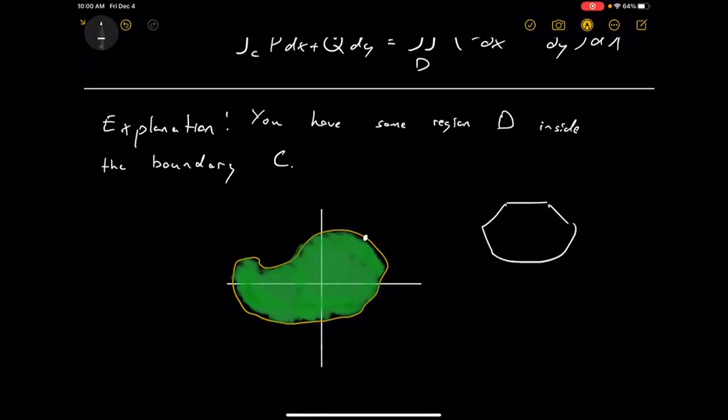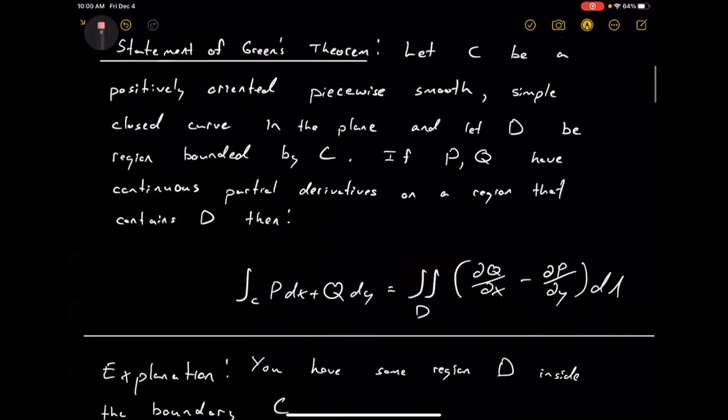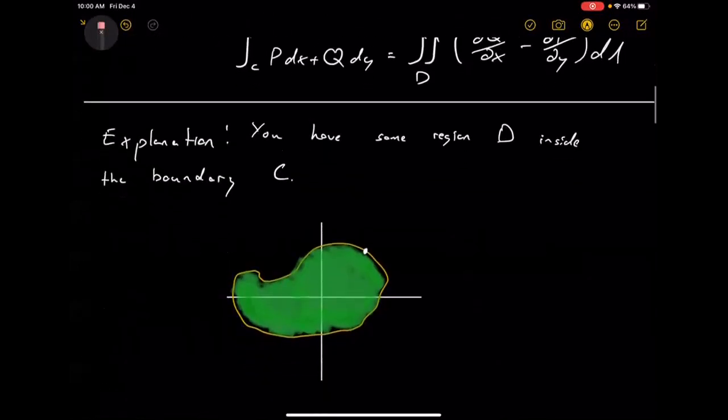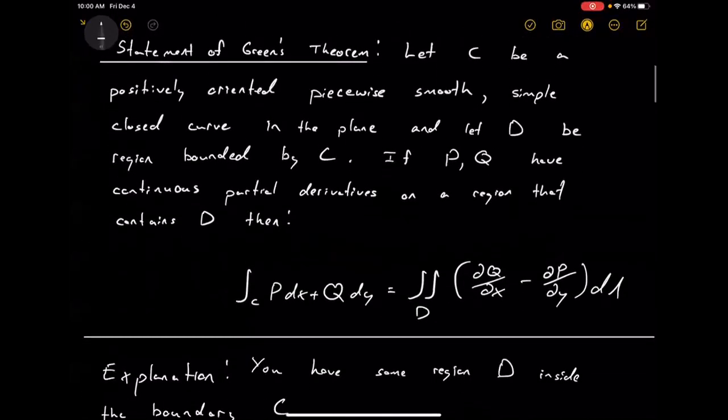It can be made up of these different chunks as long as it loops back to its starting point, and it doesn't have any figure eights or holes in there. Okay. So that's what C is. And then D is the stuff inside C. C is the yellow curve, and D is the green shaded region. All right, so that's the first sentence.